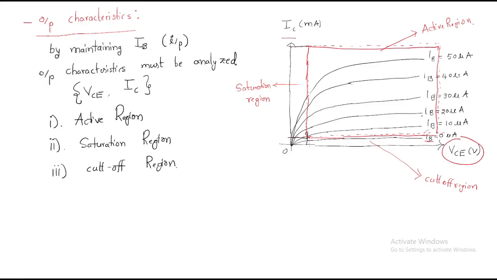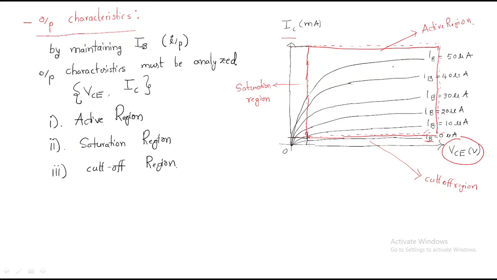What happens in this region? If you increase the IB value, what happens to the IC value? This is IB, these are IC. For IB 10 microamperes, this is the IC value. For IB 20 microamperes, this is the IC value. For IB 30 microamperes, this is the IC value.